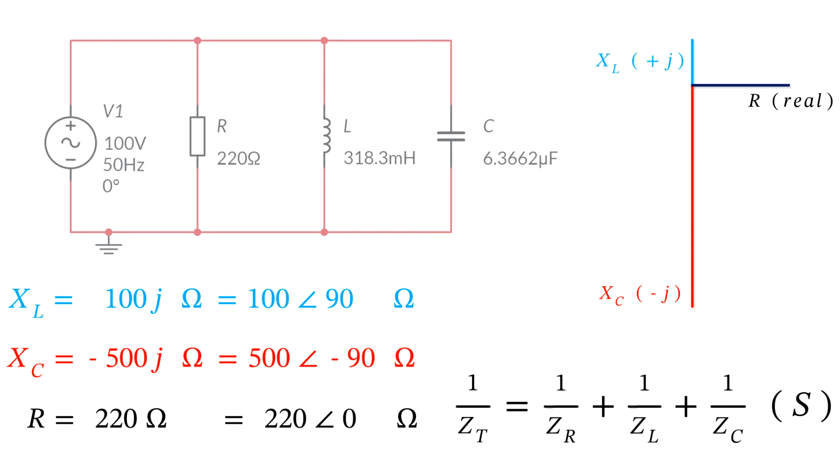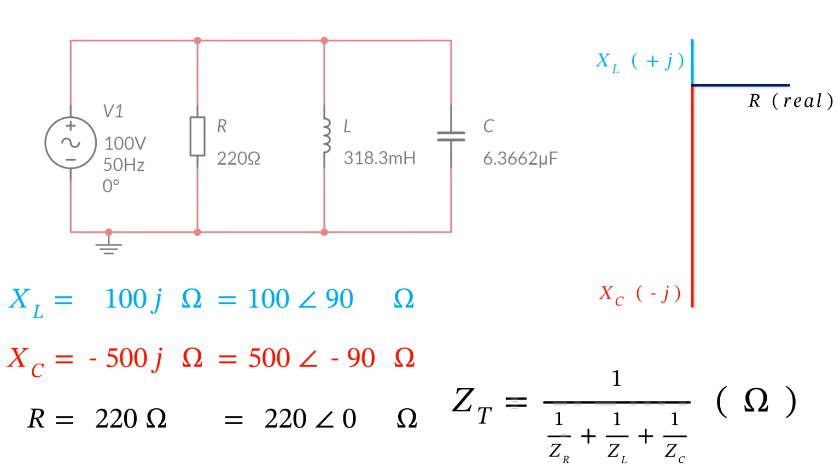In parallel, to find the total impedance, we use the reciprocals formula. 1 over Z total is 1 over ZR plus 1 over ZL plus 1 over ZC in Siemens, or ohms to the minus 1. So it's useful to be able to find reciprocals because we find the reciprocal of each component's reactance or impedance.